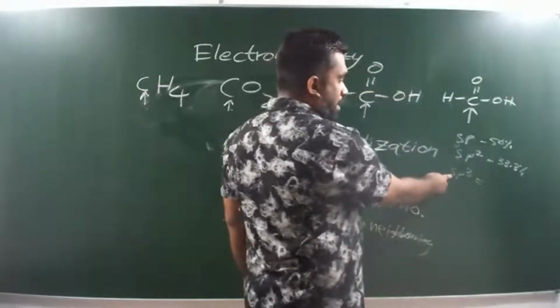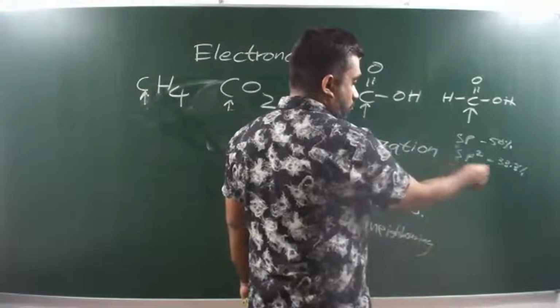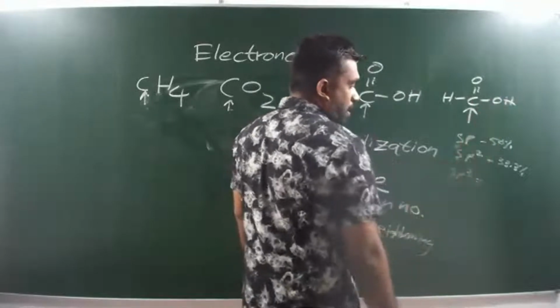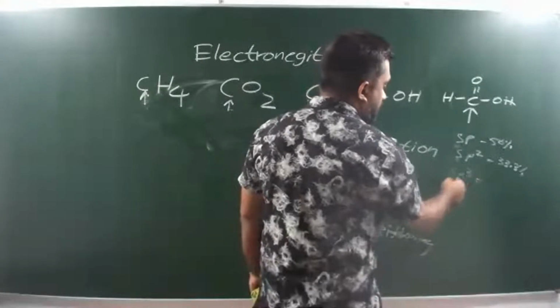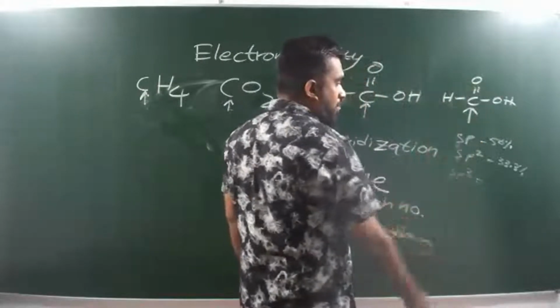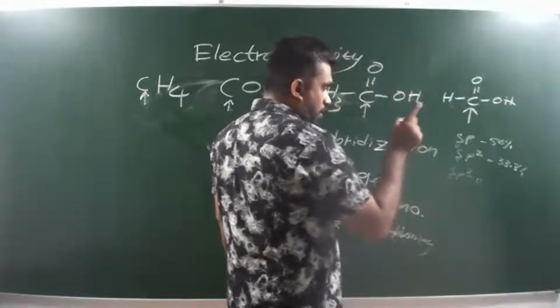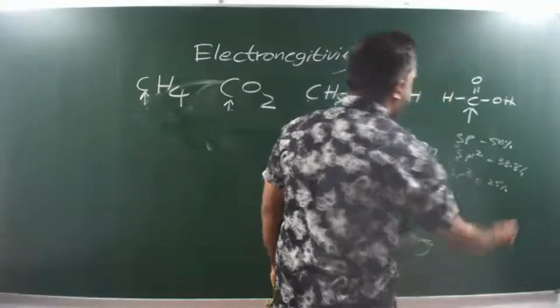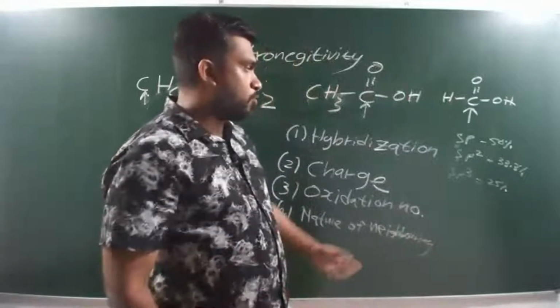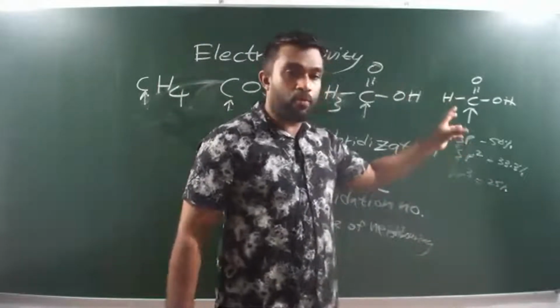You have 4 hybridized orbitals, 1 s and 3 p. That means 4 orbitals, and 1 out of those 4 is s, so it's 25%. Okay. Now, what does the theory say?